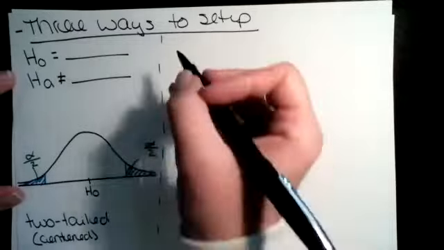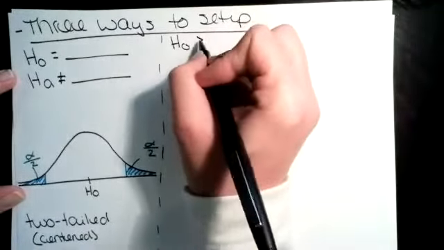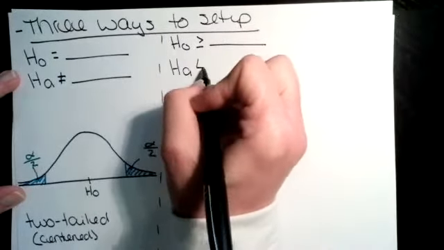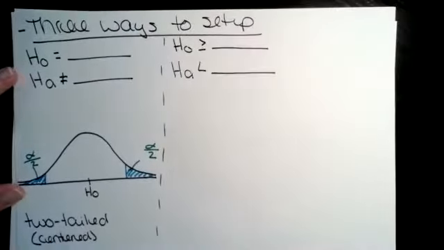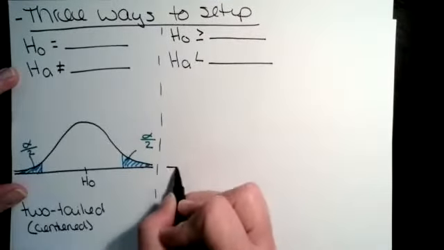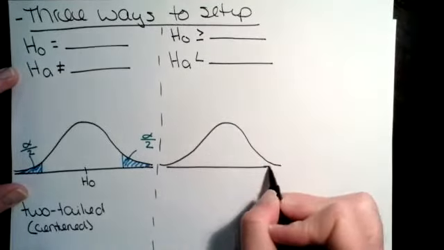The next one is where I have my null is greater than or equal to some value and the alternative is less than some value. Now remember what I said about the alternative that drives us to know where the tail is here.